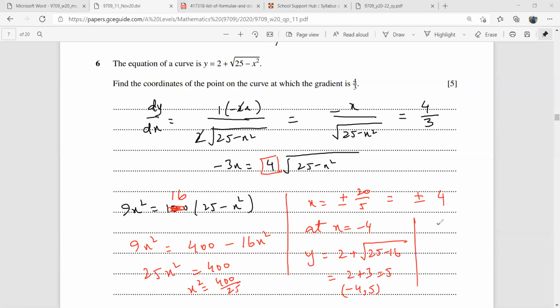And at x = 4, I think that will be the same, so that is also going to be y = 5. So this is (4, 5). So these are the 2 points where the gradient is 4/3. I hope there is nothing to be concerned.